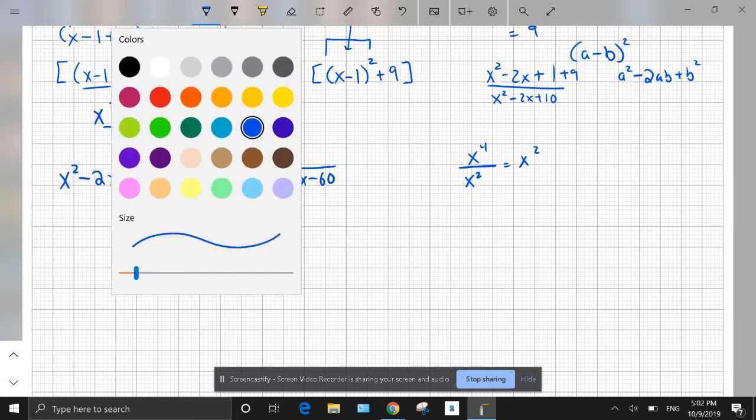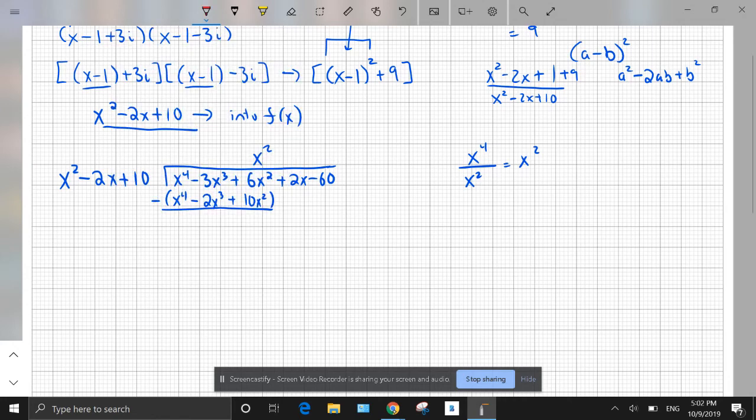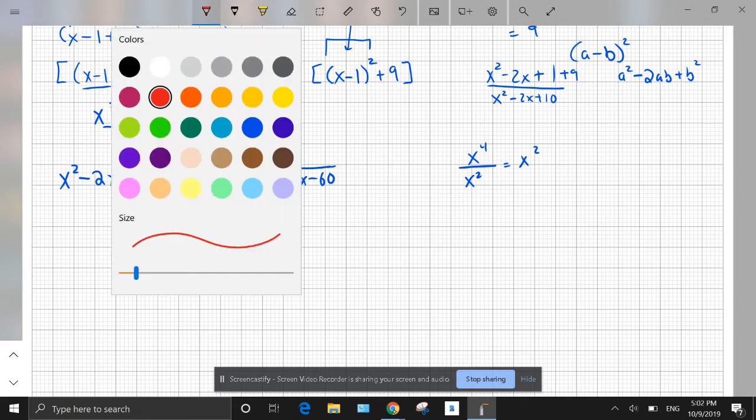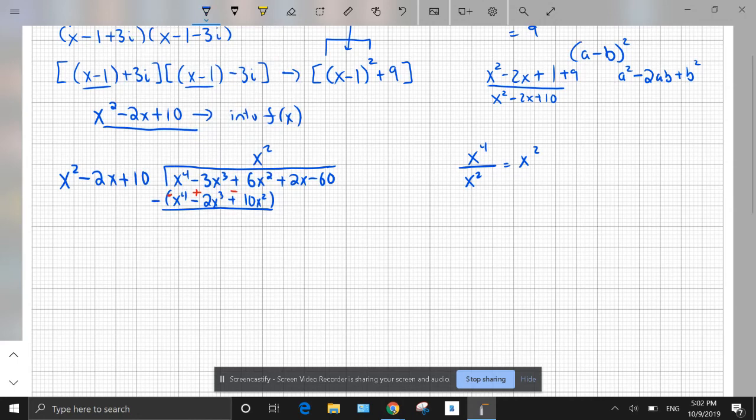So I'm going to change color real quick. That way you see, here I'm going to put a minus, because that changes the sign for the x to the fourth. Here I have a minus, so this one will be a positive. This one's positive, so this becomes negative. And once we do that, x to the fourth minus x to the fourth is 0.